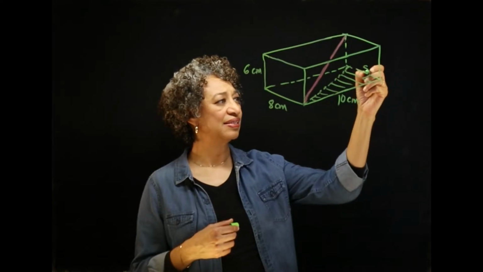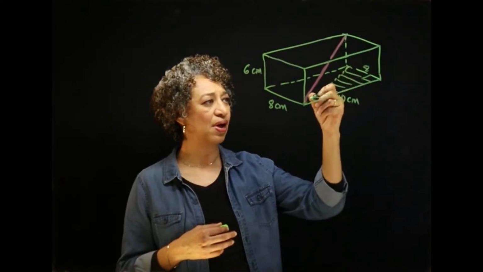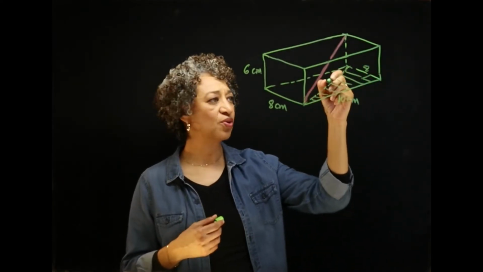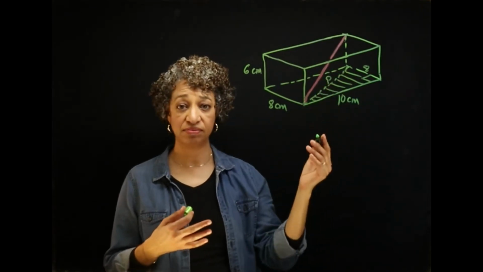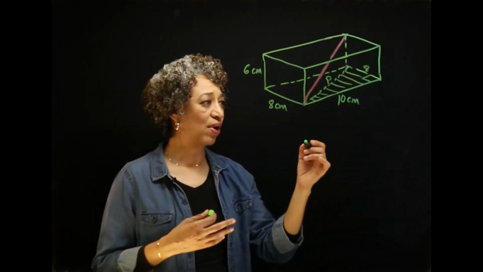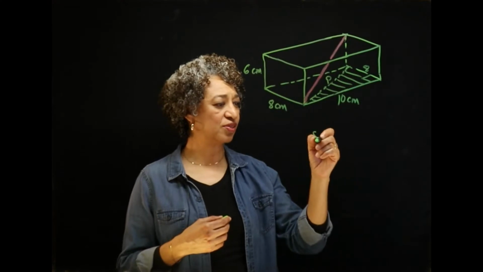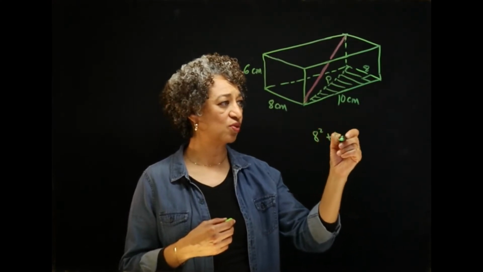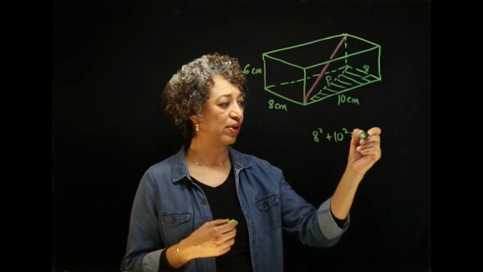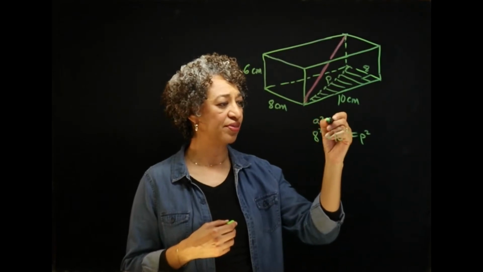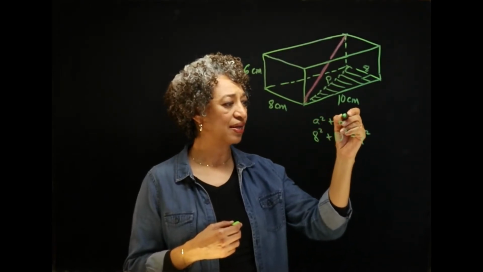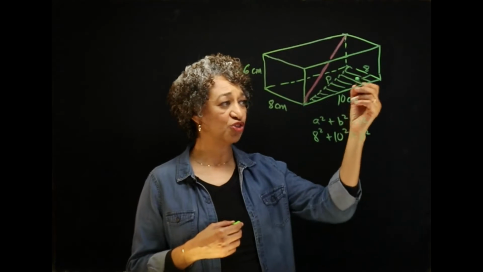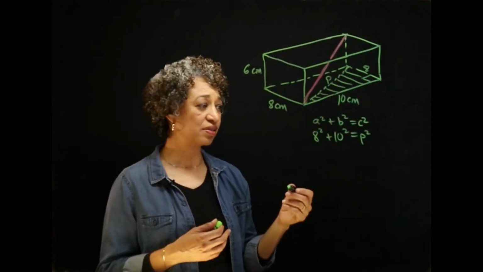The other leg is 8 centimeters, and the hypotenuse, if it's okay, I'll just call P. All right, so we have 8 squared plus 10 squared is equal to P squared. That is the Pythagorean theorem applied to this triangle that's lying on the bottom of the box.